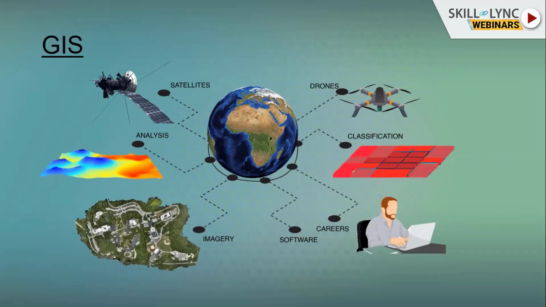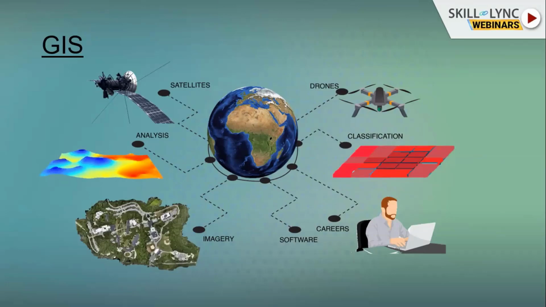If I say satellites, obviously satellites are taking pictures, cameras and sensors are mounted, then we are doing analysis, whether it's 2D mapping or 3D mapping. Then we have imagery associated with it, where we are mapping all those things related to the different applications. As you can see here, some urban areas or vegetation. It depends on the type of applications that we are associated with.